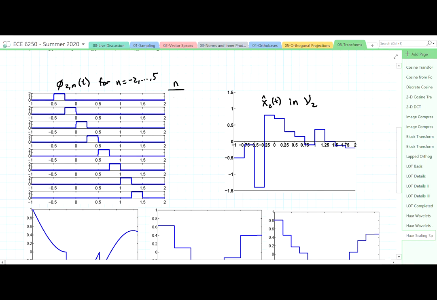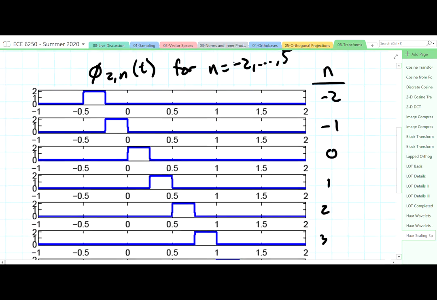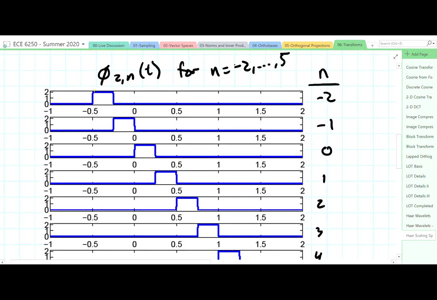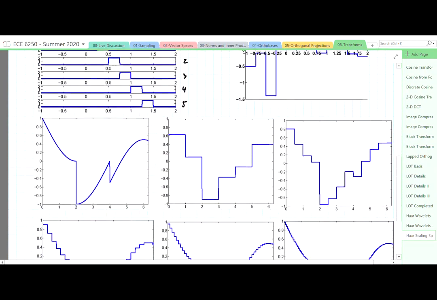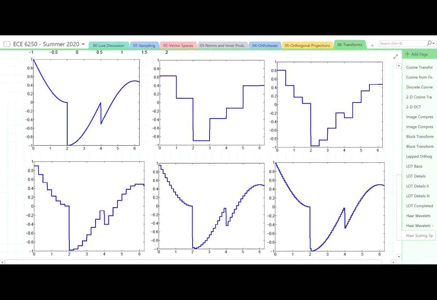So if we look on this axis, the first one is n is -2, -1, and then here's kind of our base or mother function. 1, 2, 3, 4, 5, and each shift just shifts at the width of that function. And you notice, although it might be a little bit harder to see, the height of these is 2. Okay, so we're getting finer and finer, and let's see how this plays out in practice.